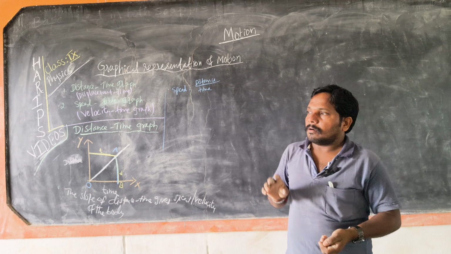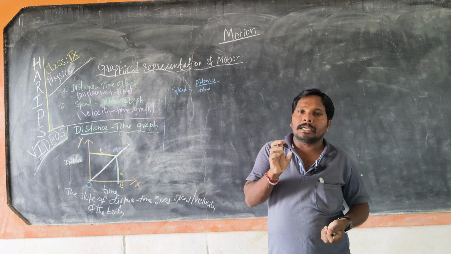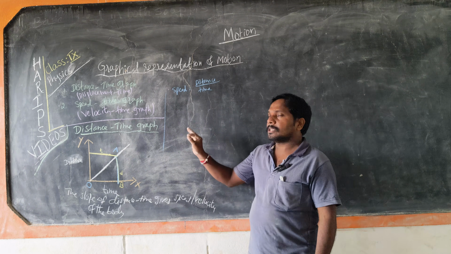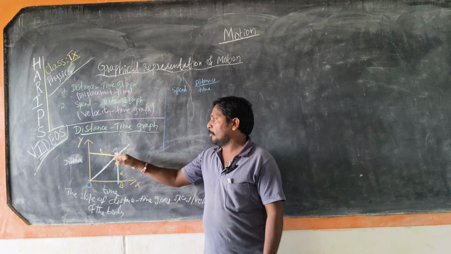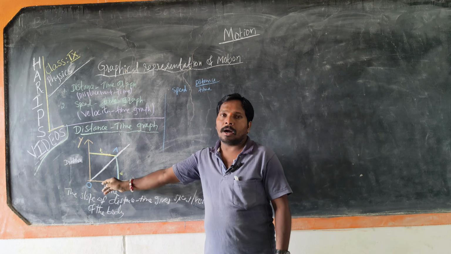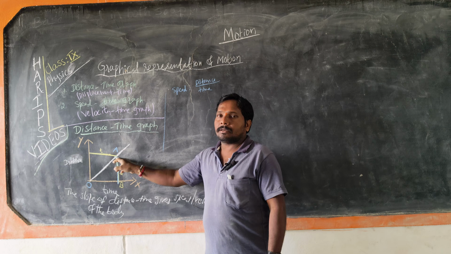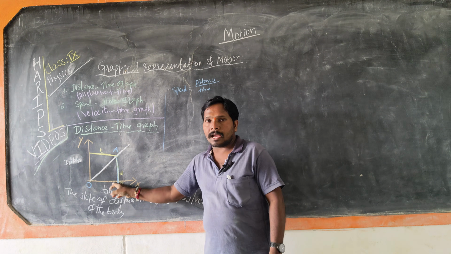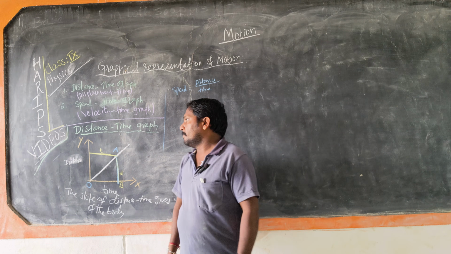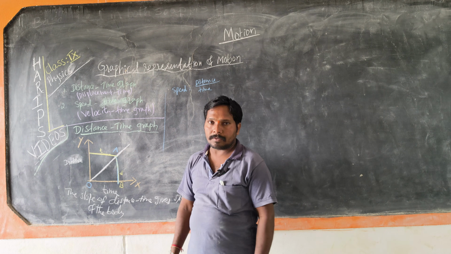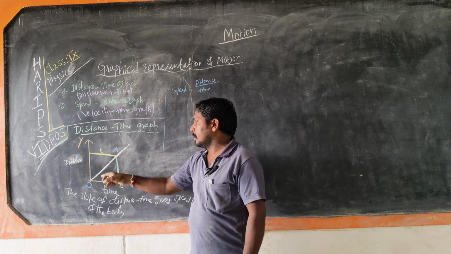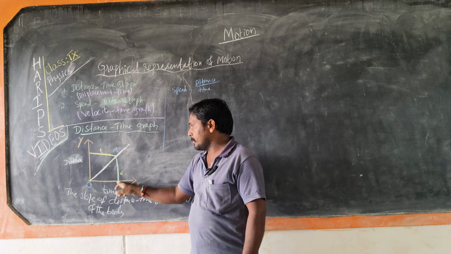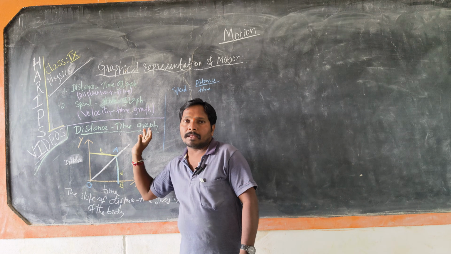When we draw a graph for uniform motion of a body, we always get a straight line. Assuming any point like A on the straight line, from that point we draw one perpendicular to the x-axis and one perpendicular to the y-axis. The line parallel to the x-axis represents time, and the other line represents the distance covered by the body.